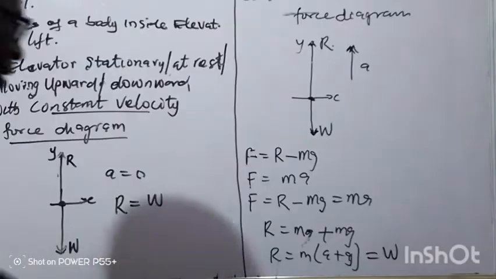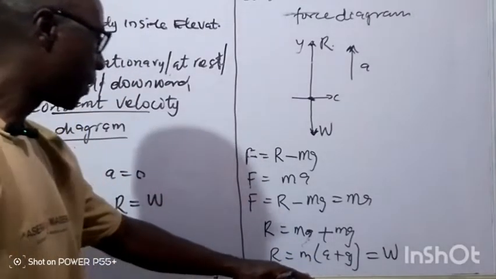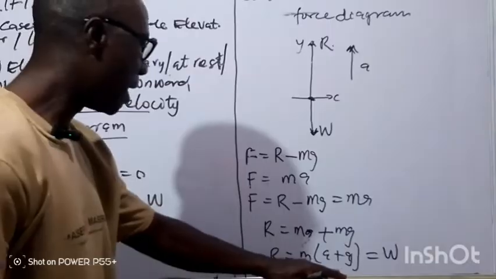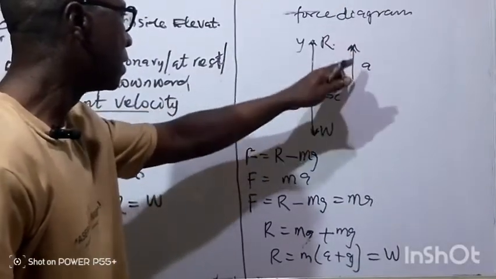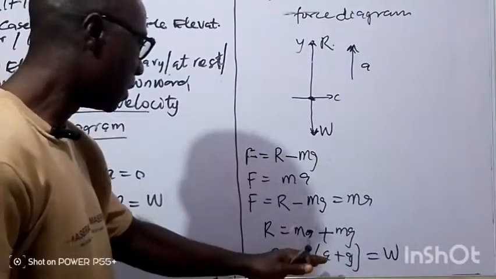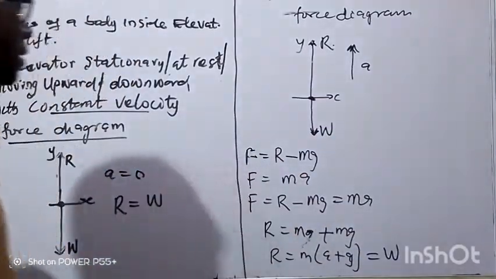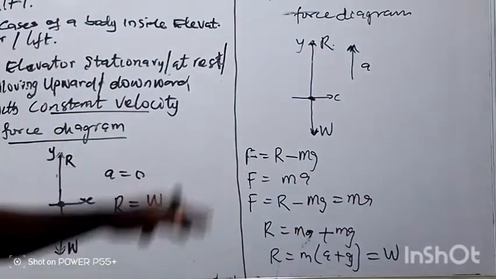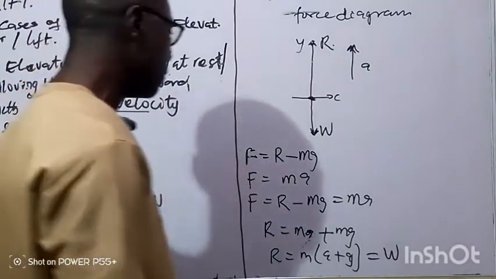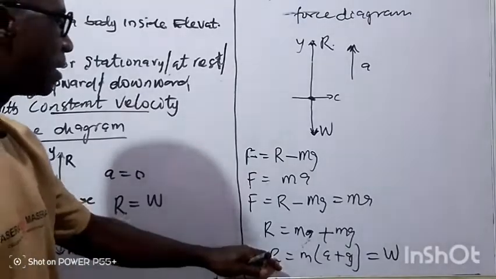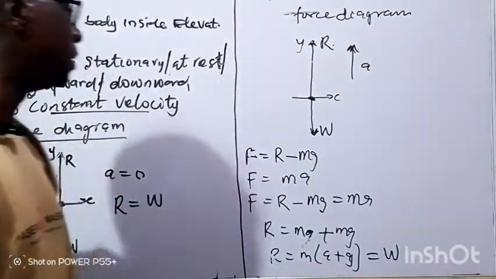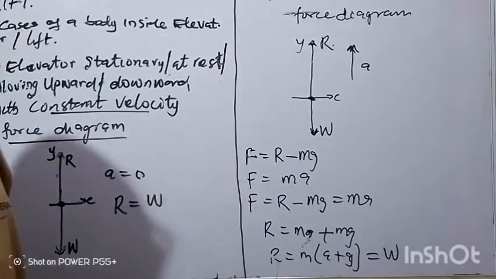According to this equation, since it is moving upward, the reaction on the floor will be greater than the weight produced by the object on the floor. To comply with Newton's third law of motion, the reaction will be equal to the weight of the object, which is the action.